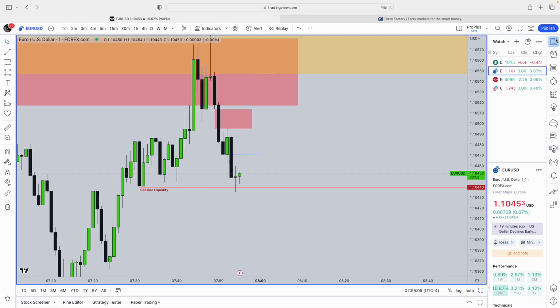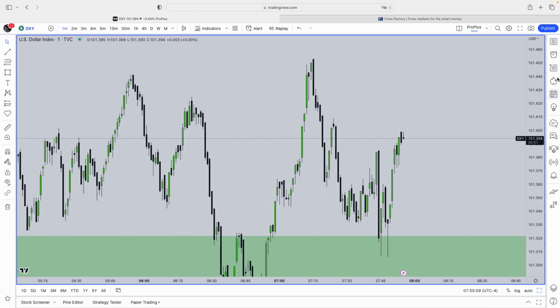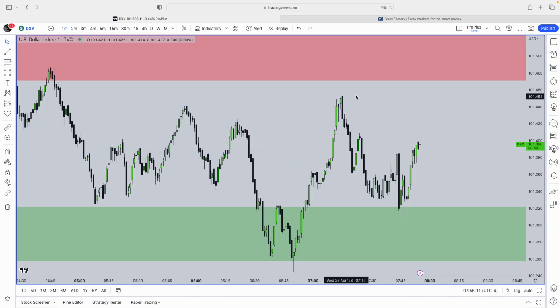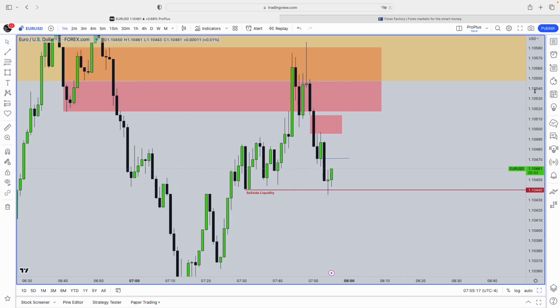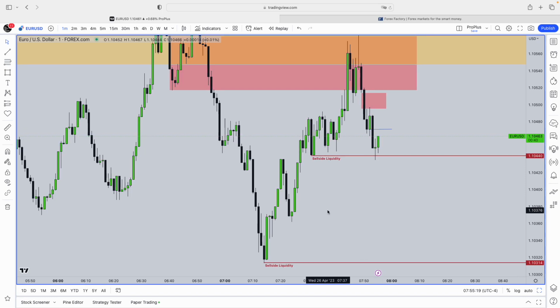So let's take a look at the DXY. So the DXY potentially still runs this high, so it's still got a little bit of room to push EU down. But yeah, first target is taken, which is nice, and look at the reaction from this here. It's pushing up. So once it's taken sell side, what does it want to do?